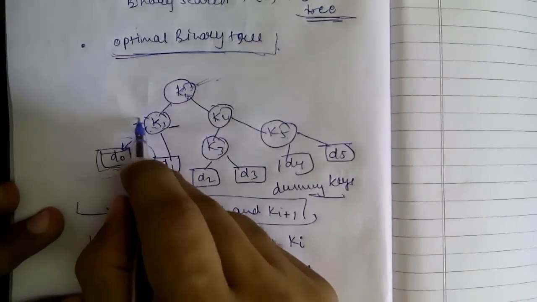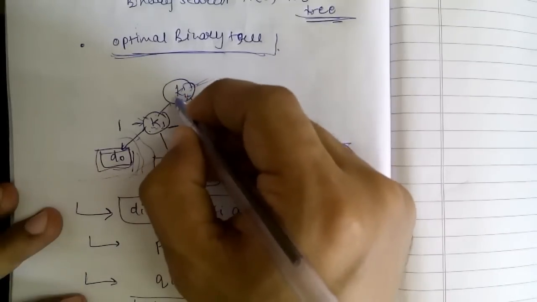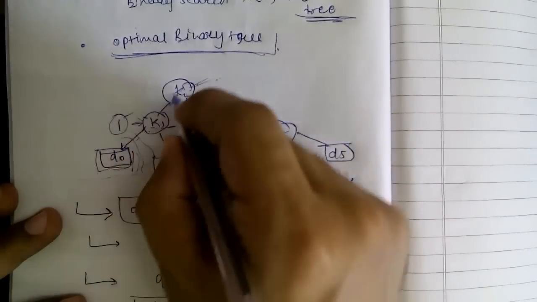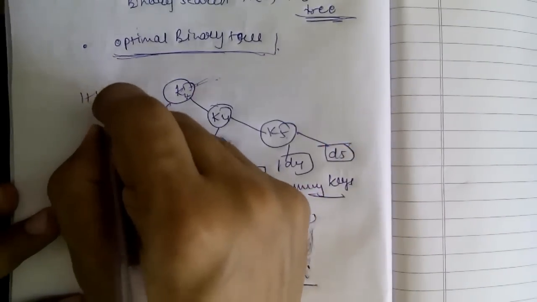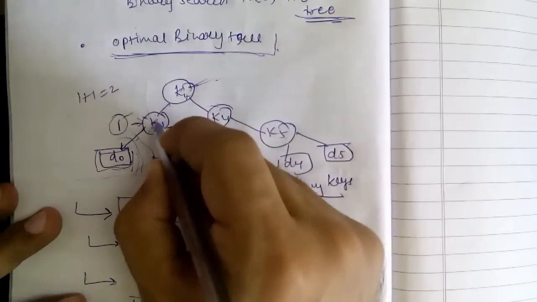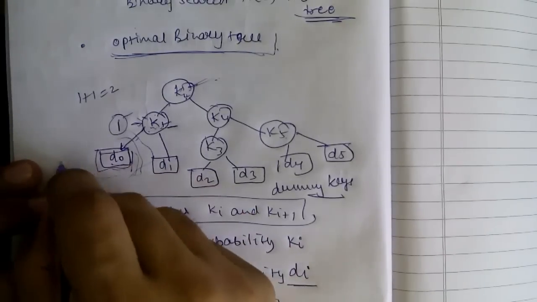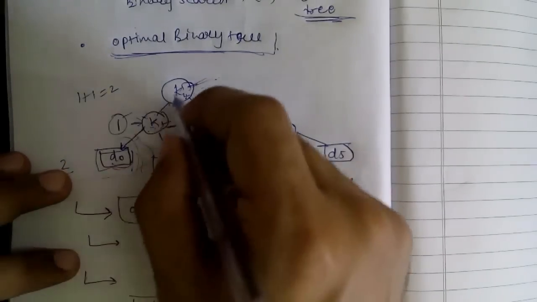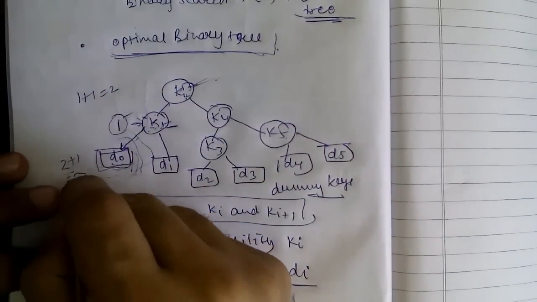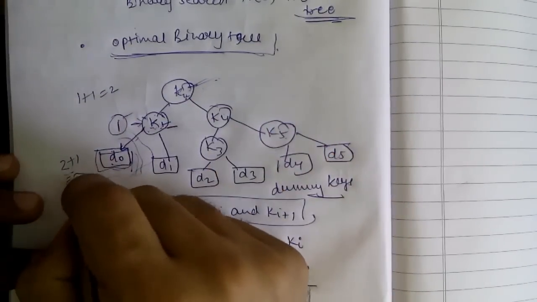So if this is depth 1, the cost will be depth plus 1, that is 1 plus 1 equals 2, as we search 2 times, first with the root and this. The cost of this, which is at depth 2, will be 2 plus 1, 3, as we search through 1, 2, 3, so the cost is 3.